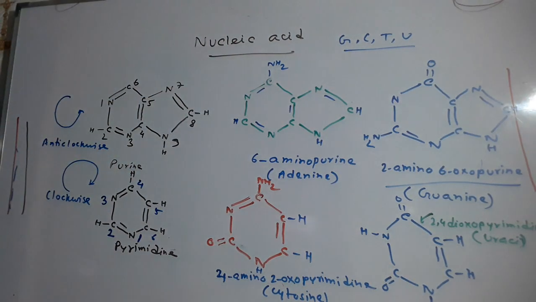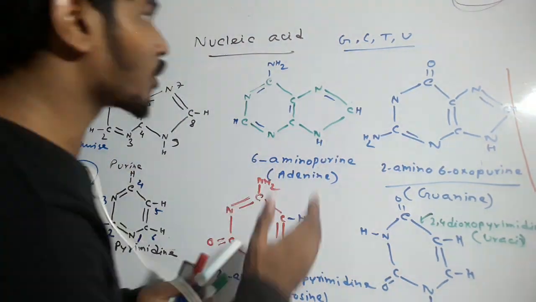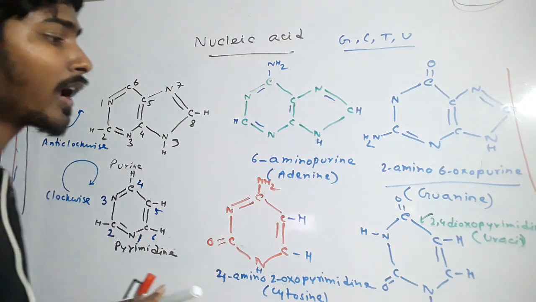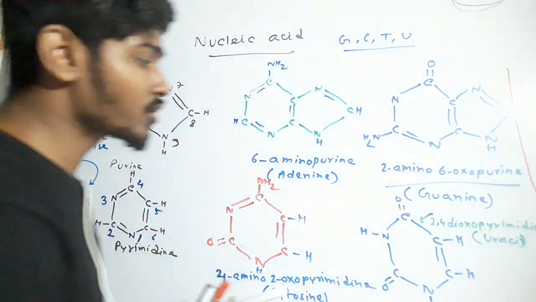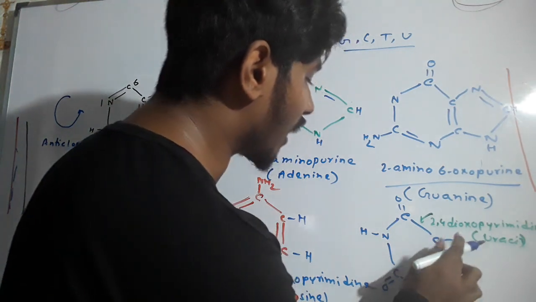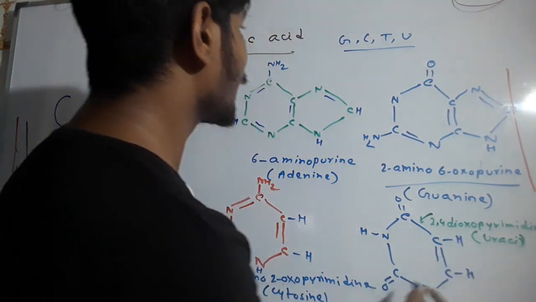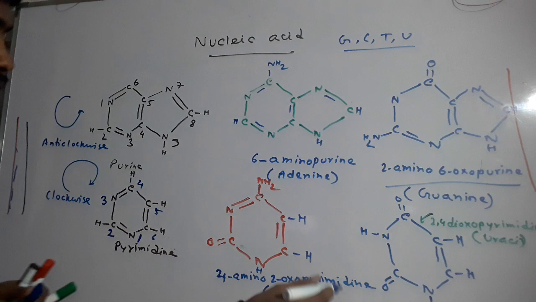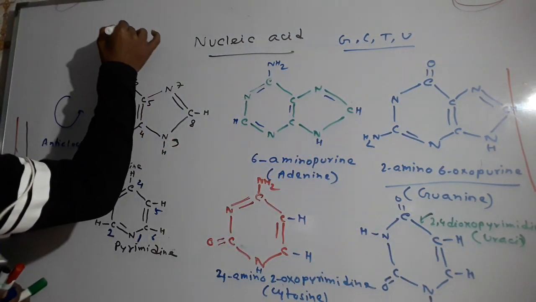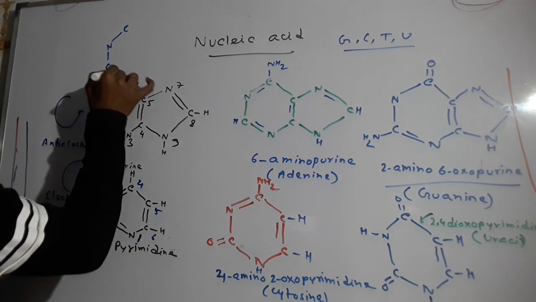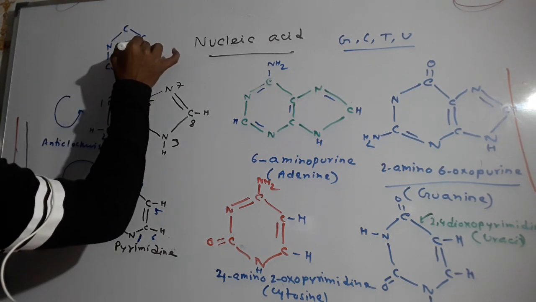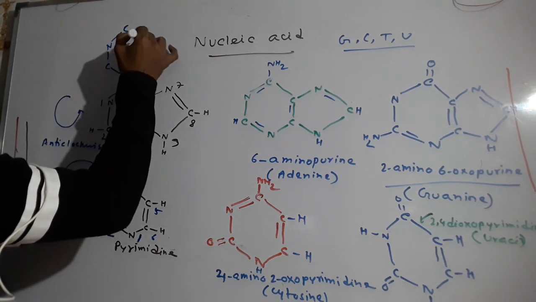okay. Now from uracil you can easily draw the structure of thymine, and for that you have to just erase this hydrogen in the 5th position and give a methyl group to it. So give a methyl group to the uracil structure. So carbon, nitrogen, again we have the carbon, nitrogen, carbon, nitrogen, okay.